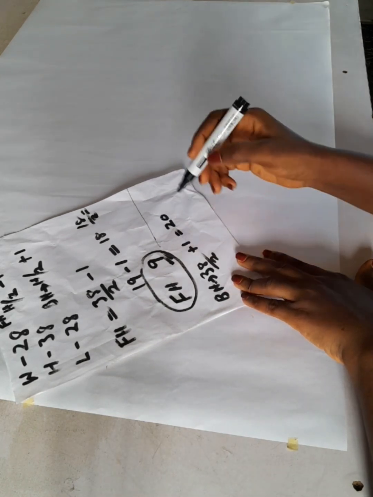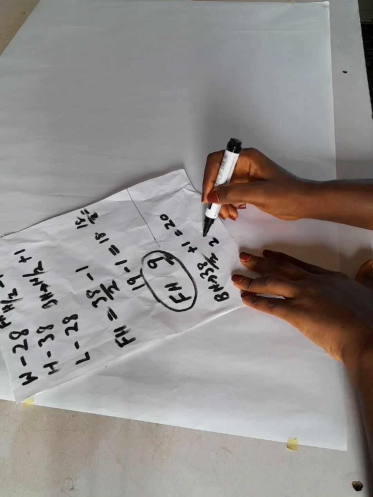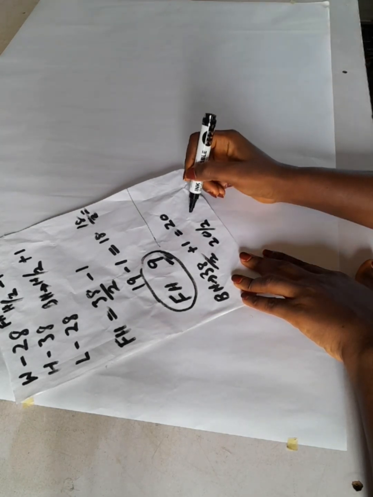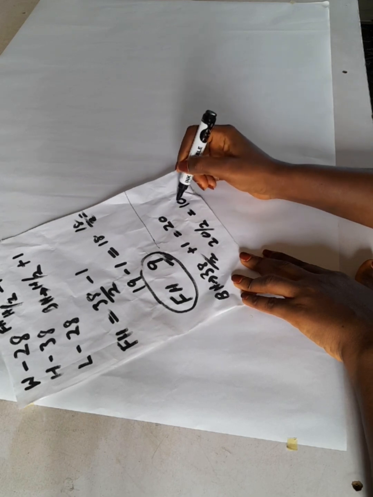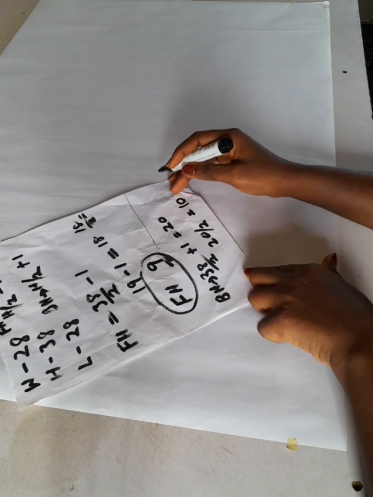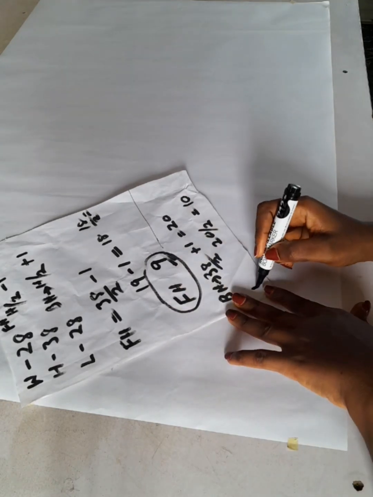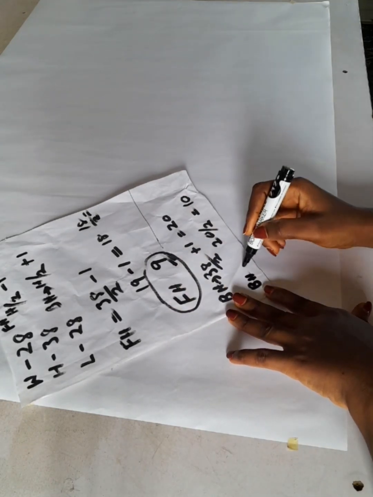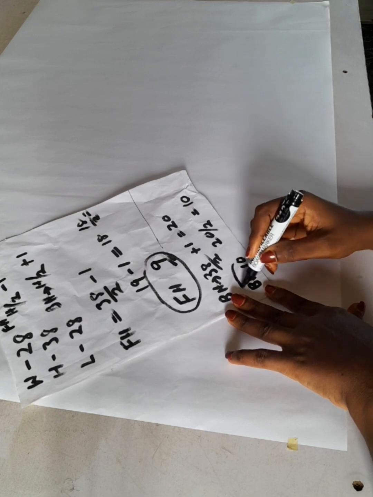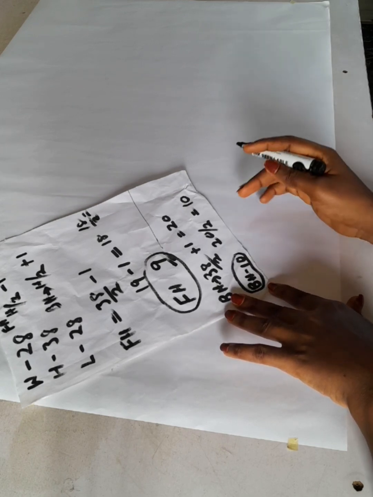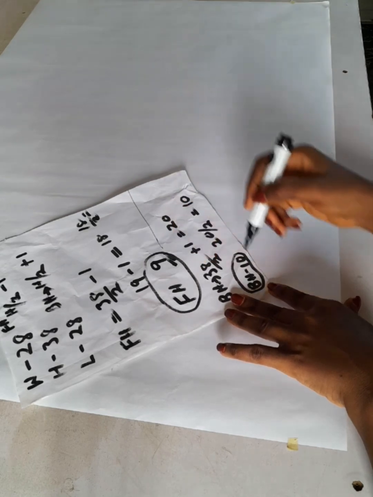So now this 20 divided by 2, we'll have 10. So our back hip is going to be 10. This is what we are going to use for the back hip. Do we get that now? This is the front hip, this is the back hip.